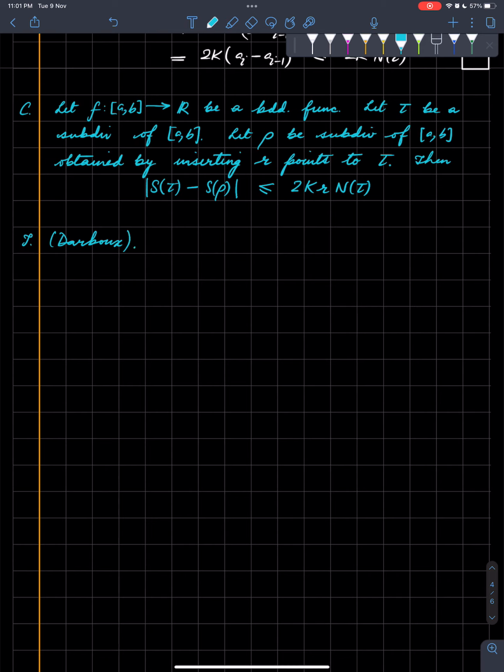What does it say? Well, it says something very meaningful. Let f be a bounded function.